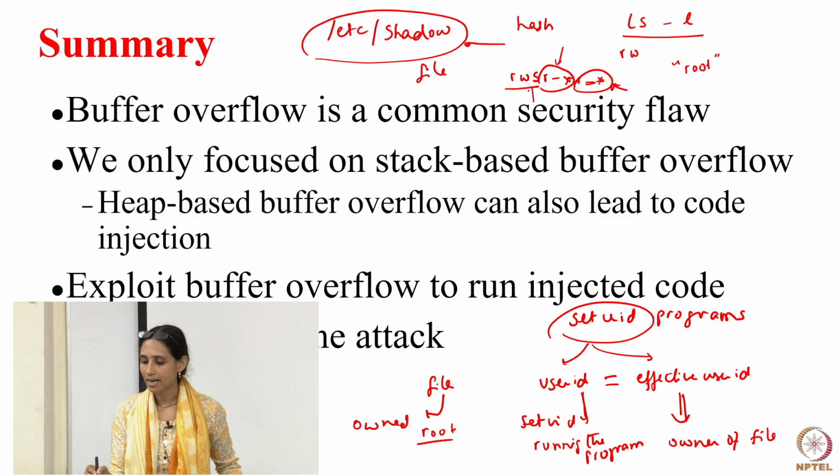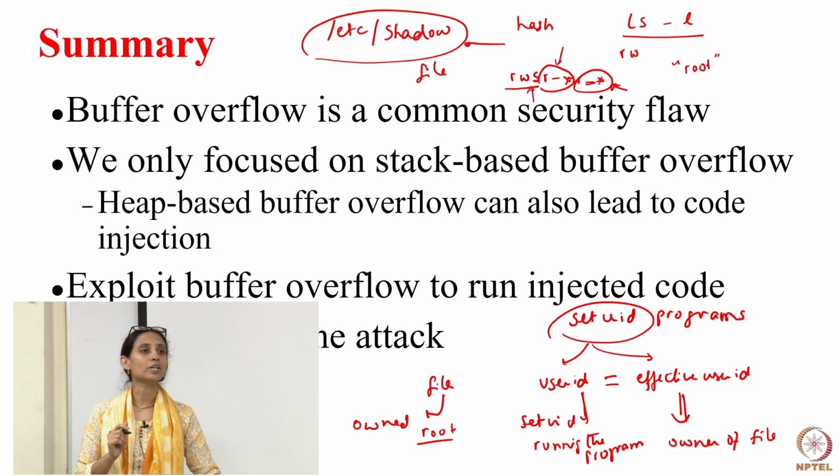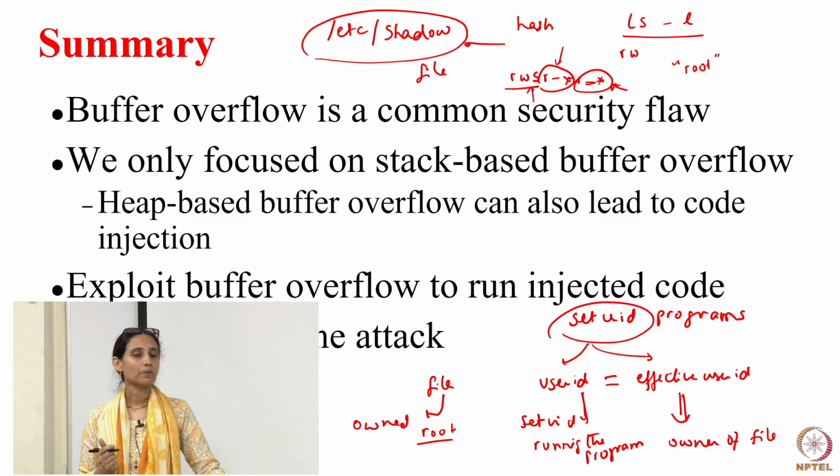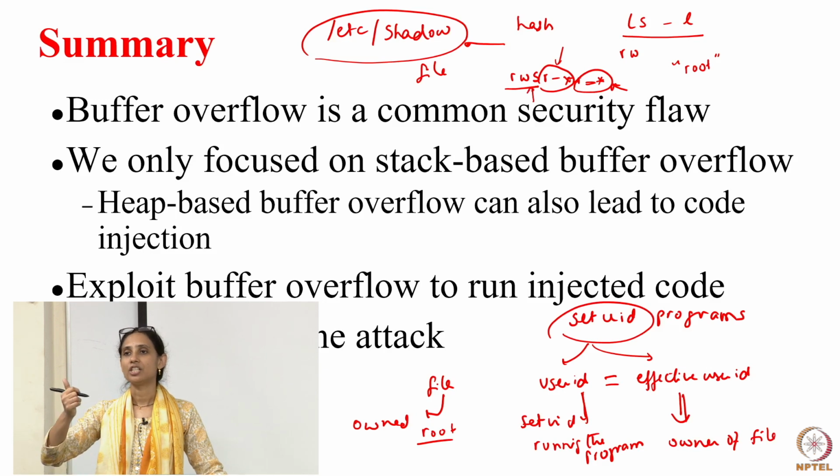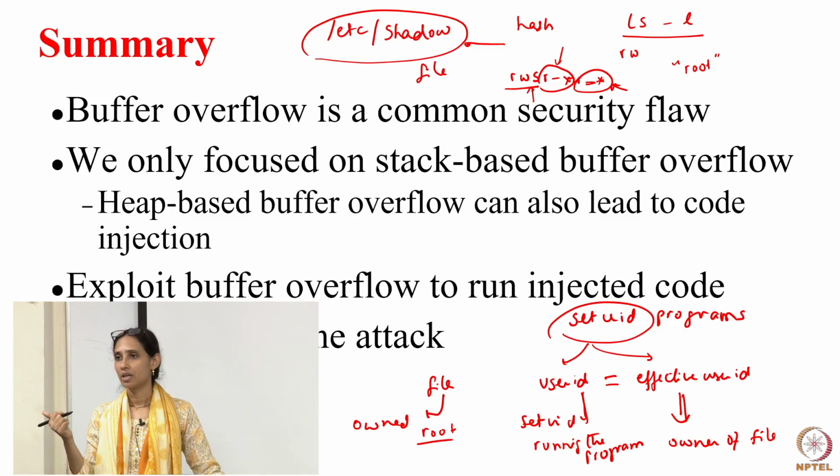Whereas, because it is a setuid program, when you are executing the program, the privilege gets changed to root. That way it will take your password as input and write into the file. But the moment you exit the program, again the privilege gets downgraded.